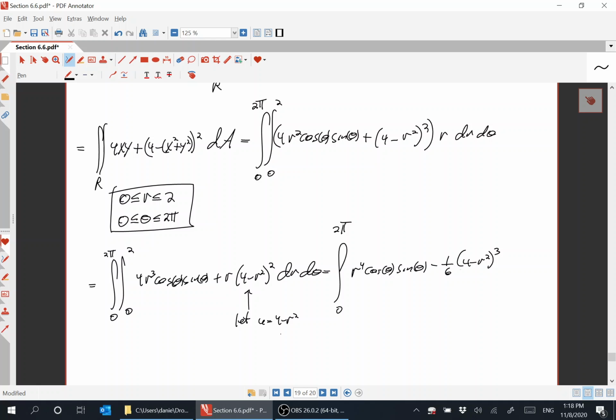And then you're going to get, in the end there, minus 1/6, 4 minus r squared to the third power. We can double check that. So 3 times 1/6 gives you 1/2. 4 minus r squared squared times the derivative of the inside, minus 2r, so the minus 2 and the minus 1/2 cancel, leaving you with r, 4 minus r squared, squared. So that is the antiderivative.